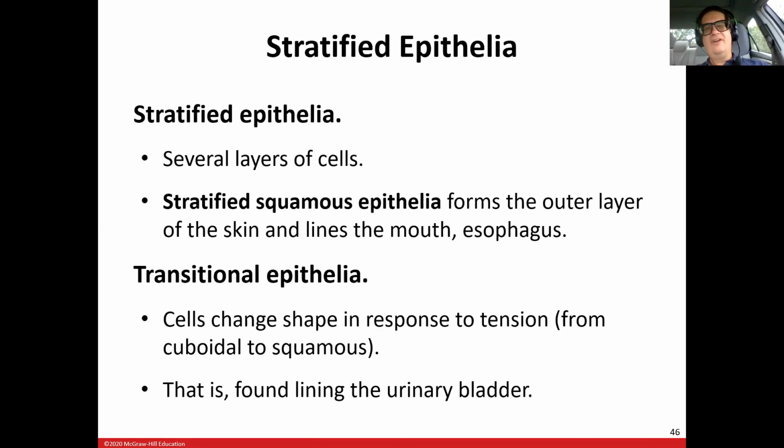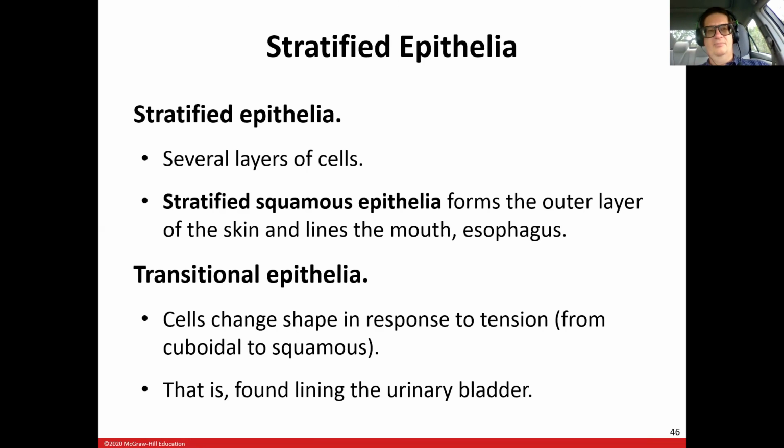No keratin or very little keratin. So they're both, if you think about it, when you're chewing food in your mouth, there's lots of rubbing and abrasion. So what I said is still true. Stratified squamous happens in a place where you have lots of abrasion, lots of rubbing, and you need to be able to not have catastrophic failure if one or two cells get rubbed off.